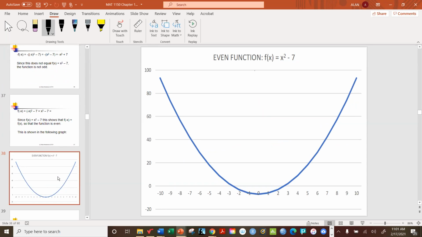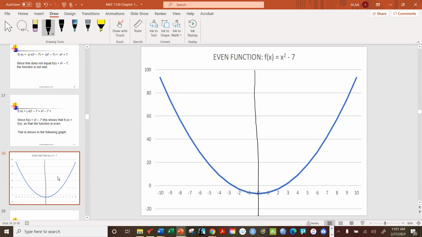The even function is symmetrical about the vertical axis. The left and the right are mirror images of each other.